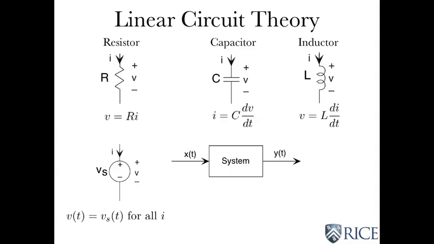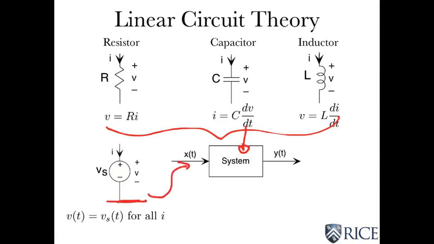All of these elements will go into our system. The sources are the ones that provide the signal for the input to the system, and we will somehow grab a voltage or a current to be the output of the system. So the sources provide the input X.